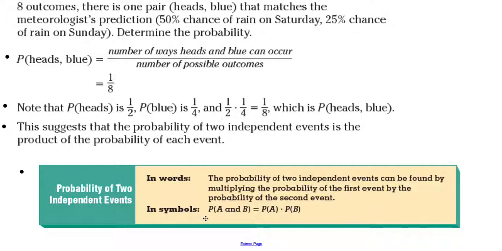So in symbols, the probability of A and B is equal to the probability of A times the probability of B, given that A and B are both independent events.